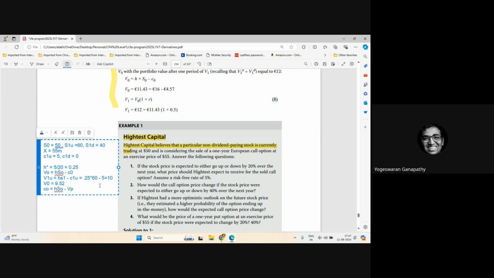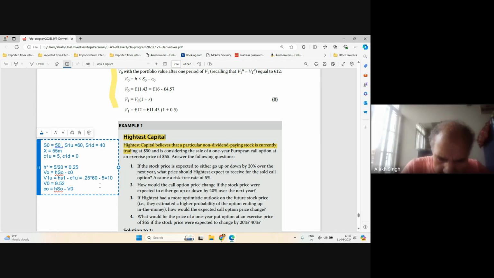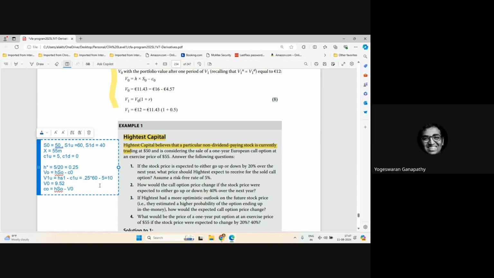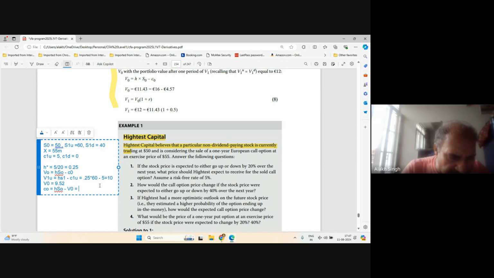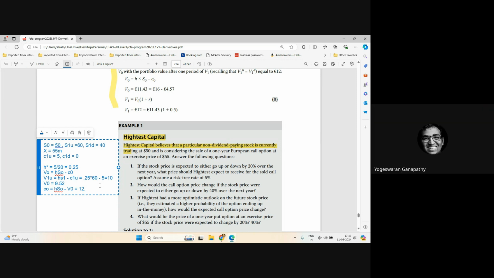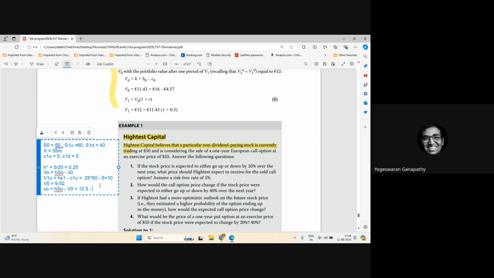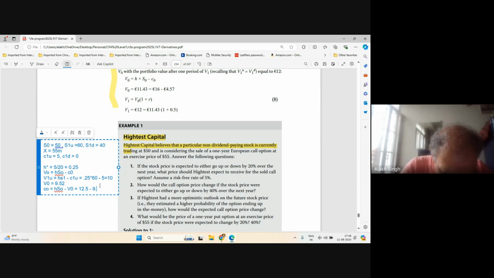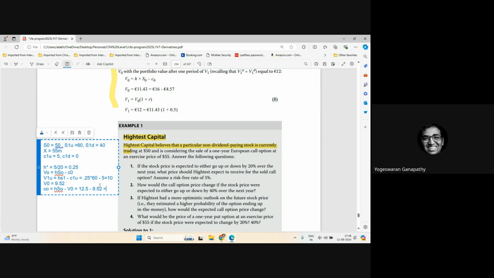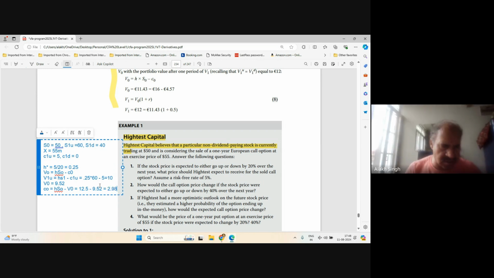So how much is H S0? 0.25 into 50 means 12.5. 12.5 minus 9.52 is equal to 2.977, so 2.98. Two digits, that's it.